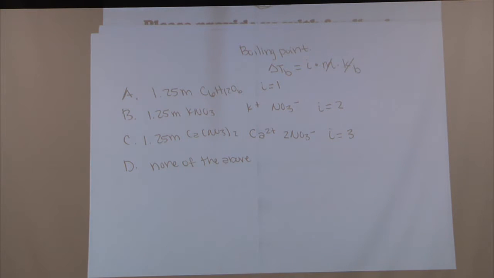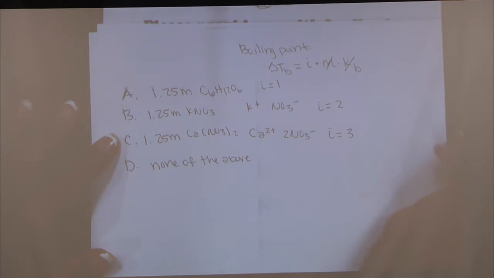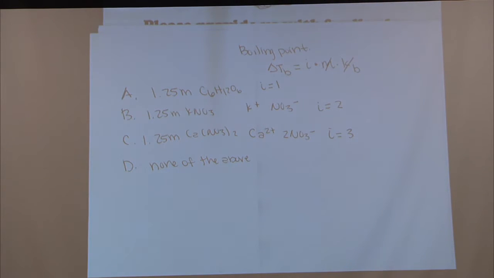So which one would have the highest, what was the question? The highest boiling point? C, great. Because it has the biggest I, the biggest Van Hoff factor, so the answer should be C. Are there any questions regarding this one? Okay.